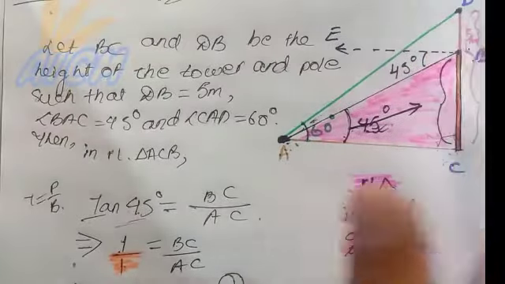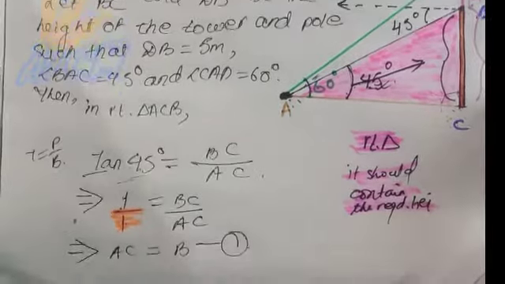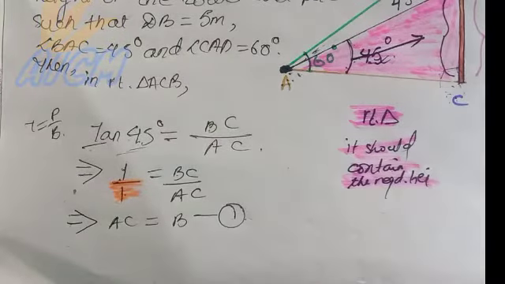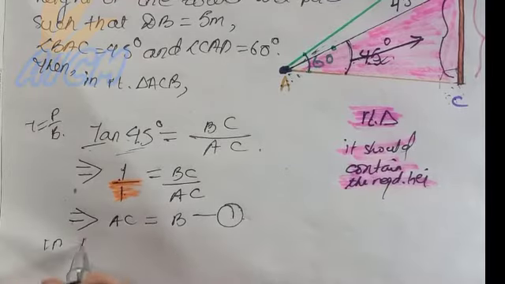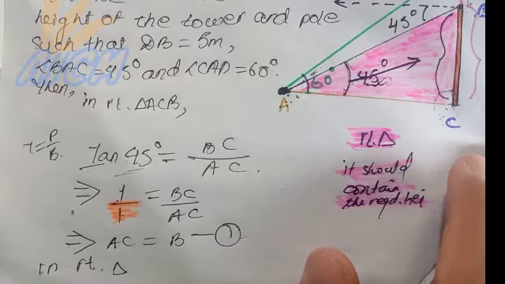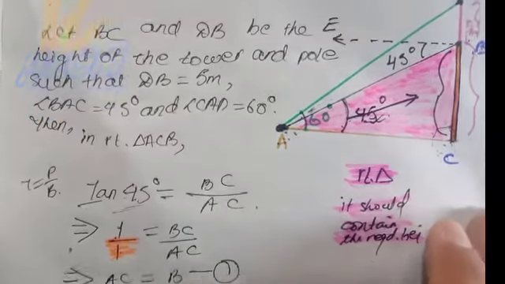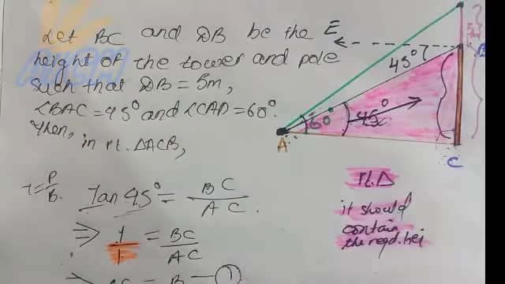Always keep the diagram in your mind so that you won't be confused. Now I'm going to take another triangle into consideration, another right triangle, as we used to do in the previous question.